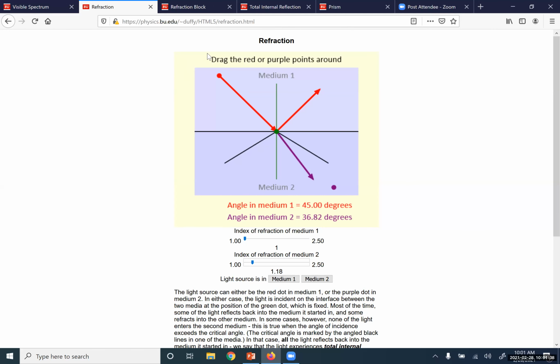So in this demo or simulation, we can see that we have two media, 1 and 2.